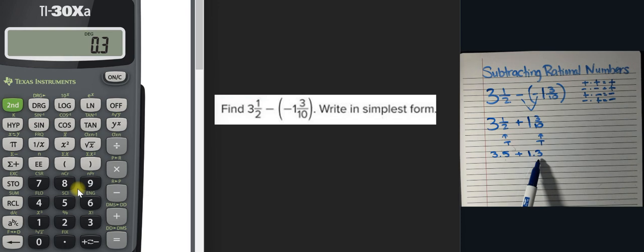Another way, of course, you could always plug the whole number in there. We're just trying to see if the decimal amount is repeating or if it terminates, if it stops. So let's go back to this 3 and 1/2. We'll put in 3 ABC 1 ABC 2. Then you hit the second button and we want to activate the change between fraction and decimal, so hit that backspace button.